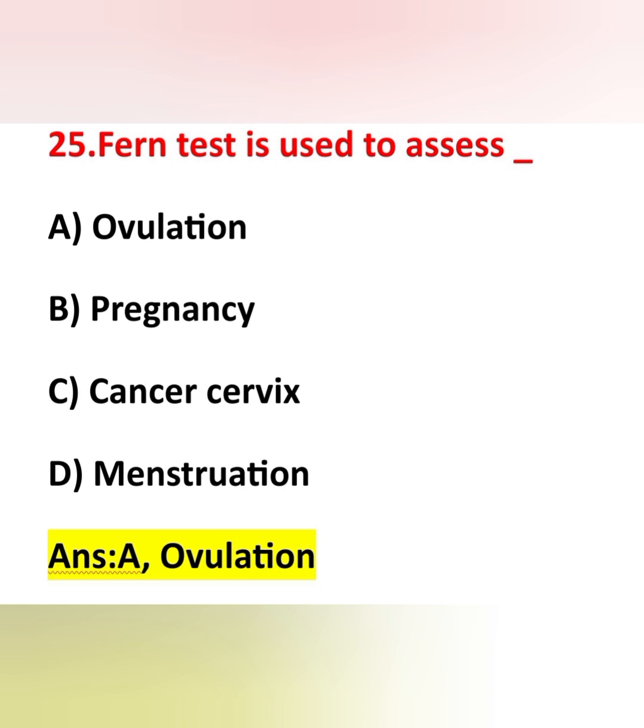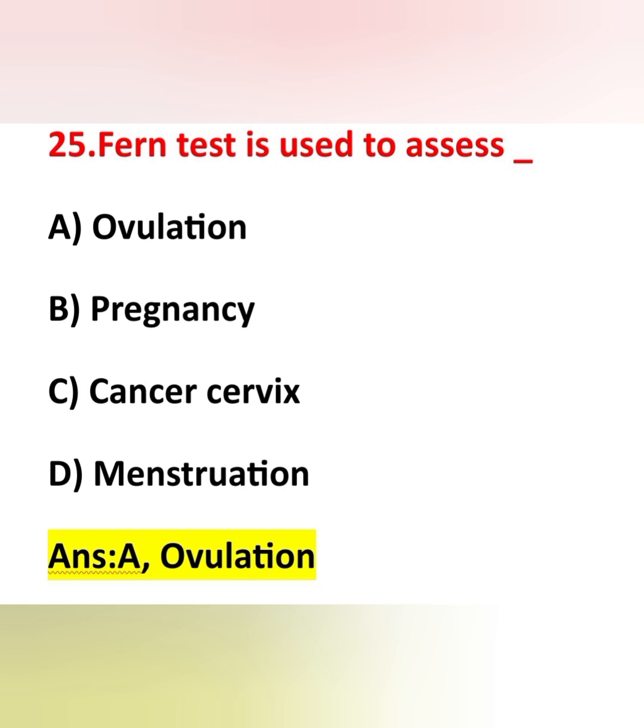Usually the test is a microscopic slide test to determine the presence of amniotic fluid leakage. This test also provides indirect information about ovulation and fertility. In our question there is no option regarding amniotic fluid leakage, and the option ovulation is there.